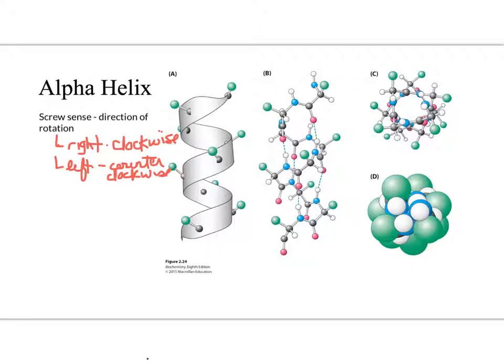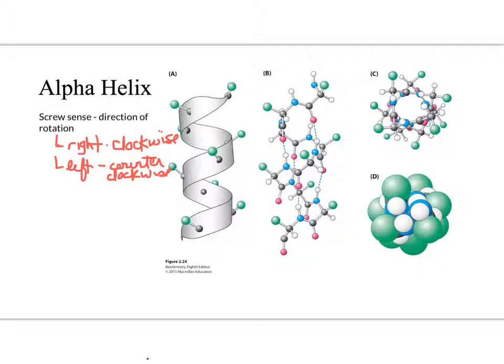Now the alpha helix content can vary from protein to protein. Some proteins will have no alpha helices, and others will be almost all alpha helices. So we can vary between 0% helix and 100% helix, with varying degrees in between.